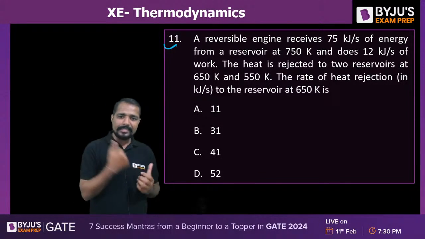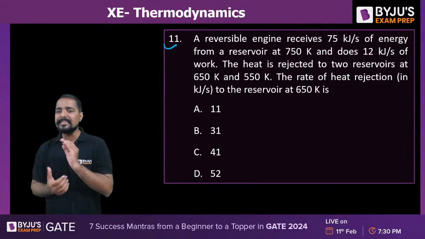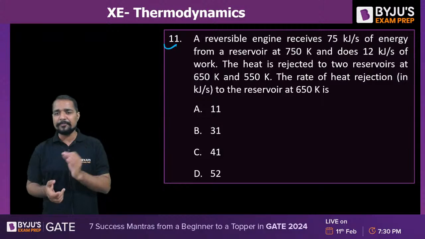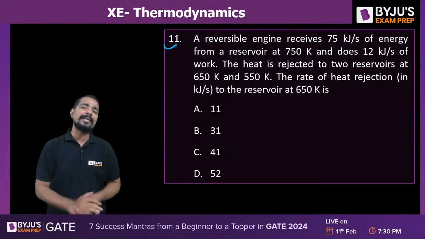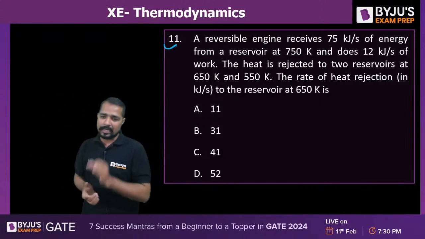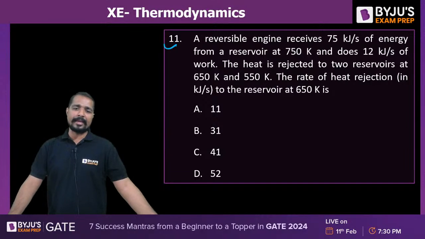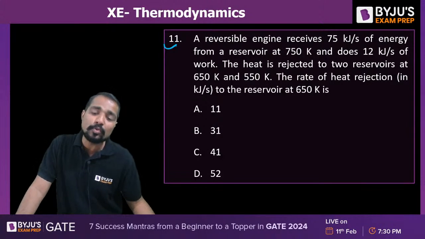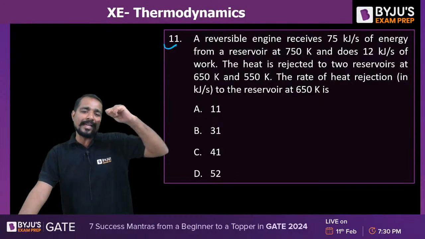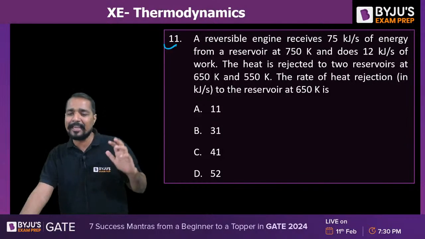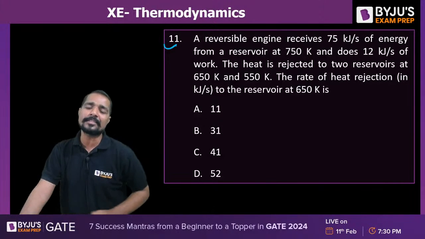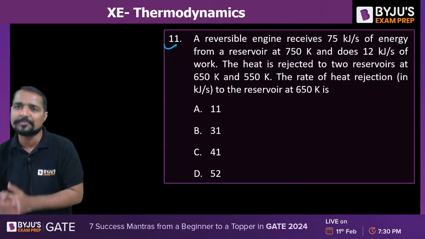A reversible heat engine receives 75 kilojoule per second of energy from the reservoir that is maintained at 750 Kelvin. Does 12 kilojoule per second work. Heat is rejected to the two reservoir that is maintained at 650 and 550 Kelvin. Rate of the heat rejection to the reservoir at a temperature of this one.